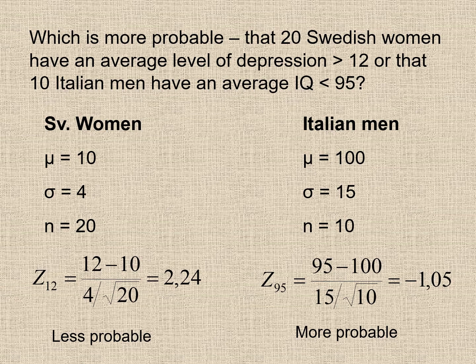So our answer would be that it is more probable to receive a sample of 10 Italian men with a sample mean of less than 95 on the variable IQ, compared with receiving a sample of 20 Swedish women who have a sample mean that is above 12 on the variable depression, given the sample and the population statistics.